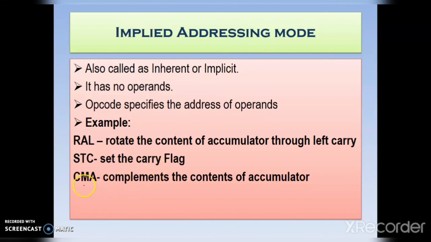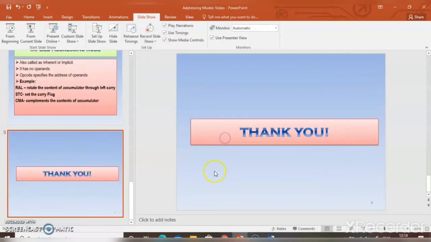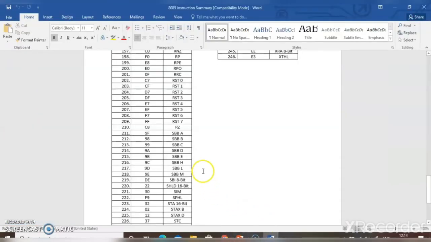And the third one complements the contents of the accumulator. Whatever contents are present in the accumulator, it complements them. This is the function of CMA. So in this implied addressing mode, it has no operands, it has only an opcode. See the opcode sheet. I'm considering STC.